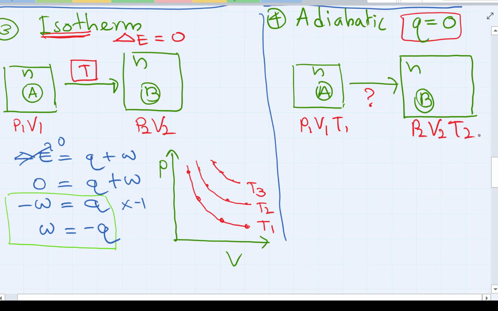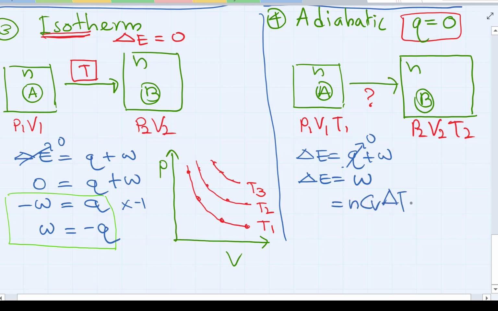Not everything is changed: P1, V1, T1 changes to P2, V2, T2. So delta E is Q plus W. Q goes to 0 because we don't let heat loose. So delta E is equal to W then. We know delta E is also the same as n Cv delta T.